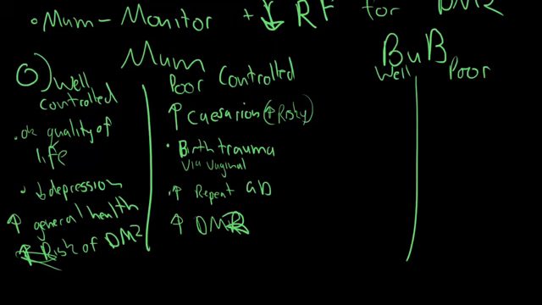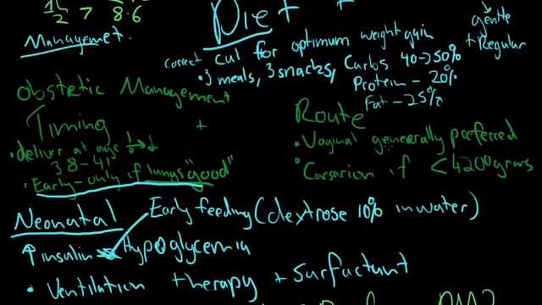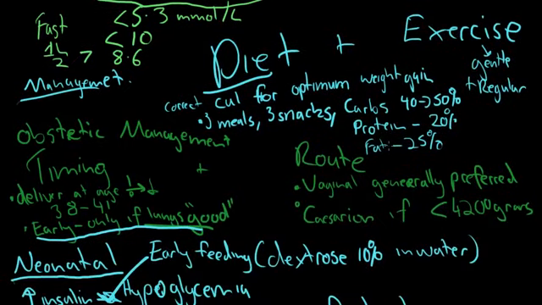Now, for bub, if it's well managed, just wait. I just remembered something I forgot quickly. In management, diet and exercise. If the diet and exercise doesn't work, the mothers can be given insulin.